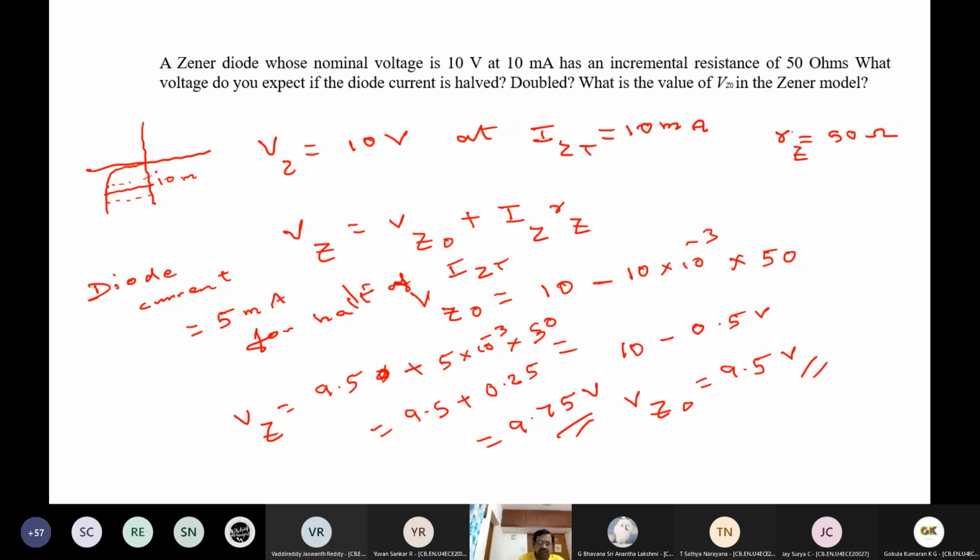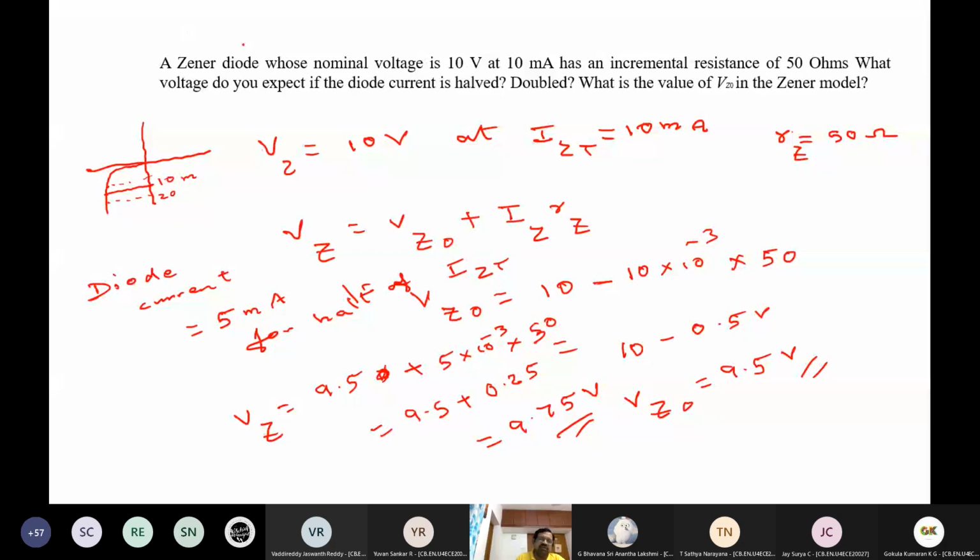Of course, this is drawn in an expanded scale, so you have to be careful here. So if it is doubled to 20 milliampere, I must expect VZ to be larger, whereas here VZ is smaller. So as a generic approach, you have to think about the answer you are getting, whether it makes sense or not. Try to understand from this diagram.